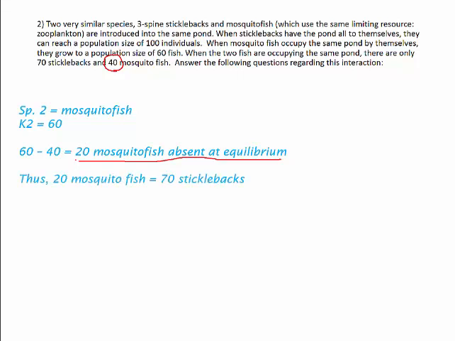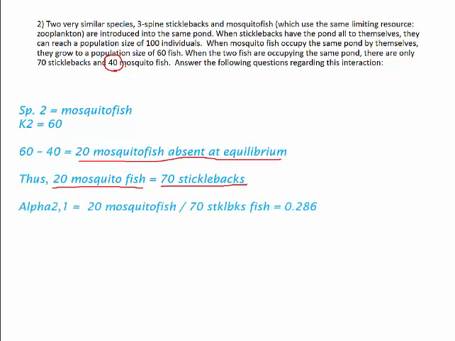Okay? So another way of thinking about this is that the 70 sticklebacks are using the resources to equal those 20 mosquito fish that are not present when the two species are living together.